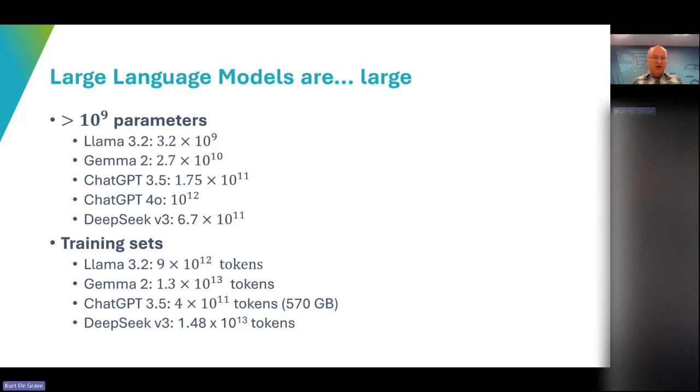Okay, and then the training sets that are used for training these models are also quite large. So combined, that means that the expense of training these systems is quite large. You need to rent millions of dollars worth of computers, because otherwise you're not getting a state-of-the-art model.